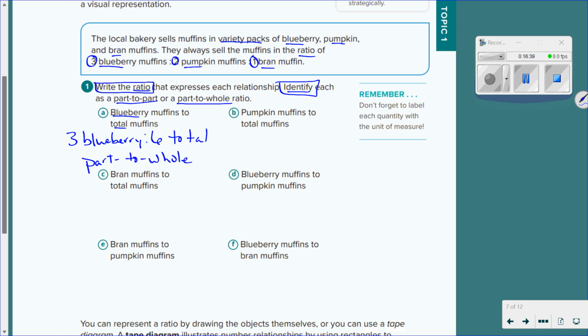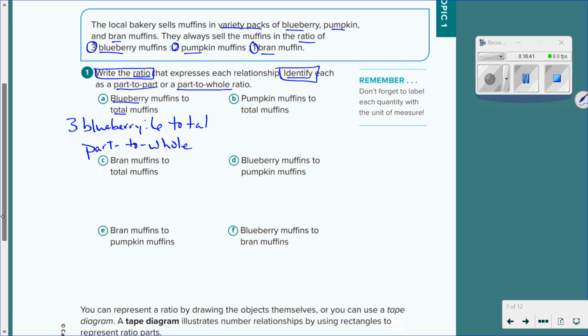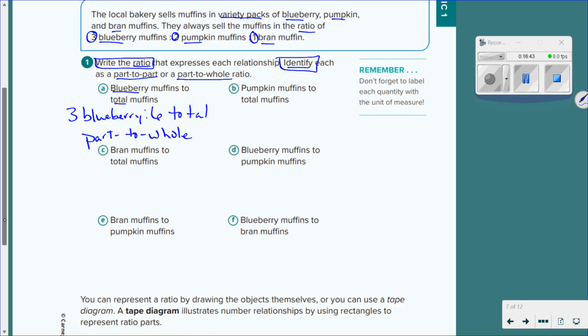Make sense? Okay, let's get down to E. Here we have bran to pumpkin. If I look at my numbers, I have 1 bran to 2 pumpkin. Yes? What type of ratio would that be?